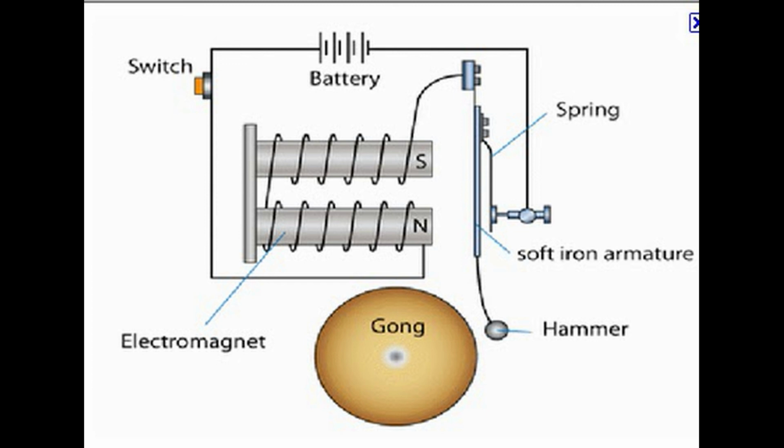The iron strip comes back to its original position and touches the contact screw again. This completes the circuit. The current flows in the coil and the hammer strikes the gong again. This process is repeated. Whenever we are ringing the bell, the coil behaves as a magnet and the hammer touches the gong.